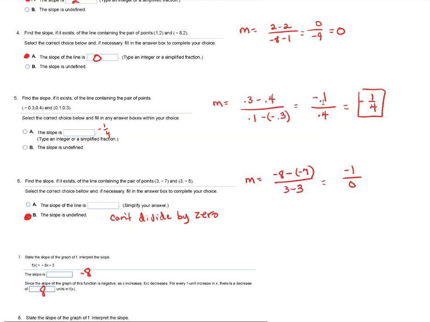That gives us negative 0.1 on the top and 0.4 on the bottom. That is the same as negative 1/4, and they do want it in either a whole number, integer, or a simplified fraction. They don't want any decimals. So we've got negative 1/4.